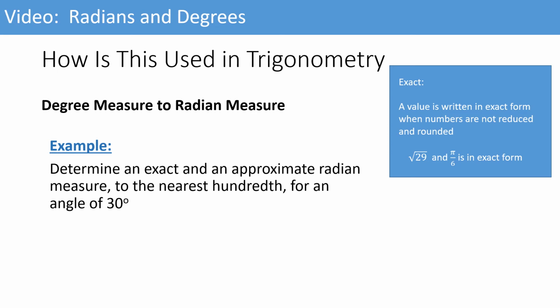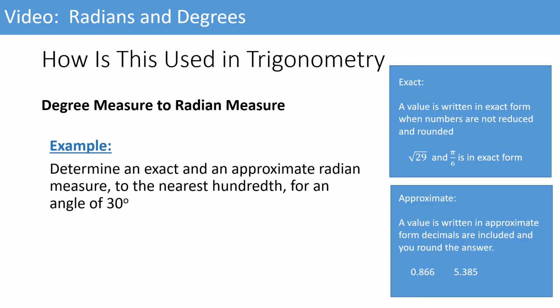What does the term exact really mean? A value is written in exact form when numbers are not reduced and rounded. For example, the square root of 29, or the term pi over 6, is an exact form.